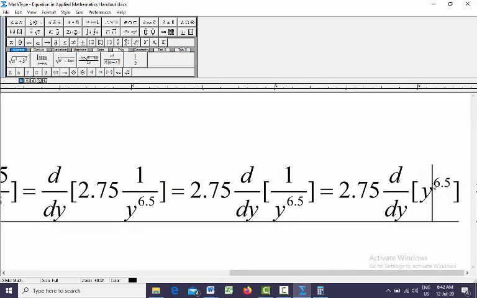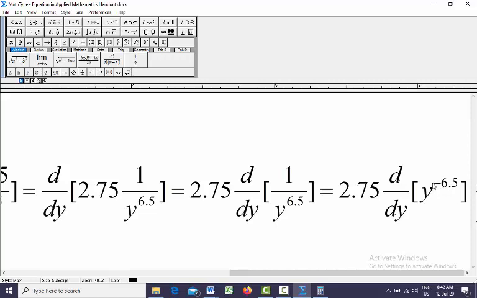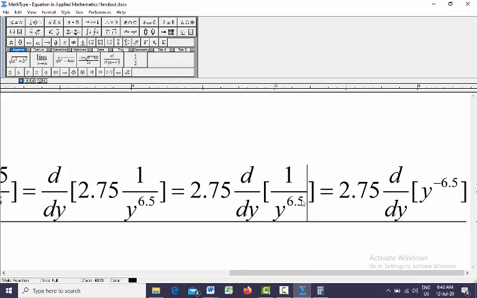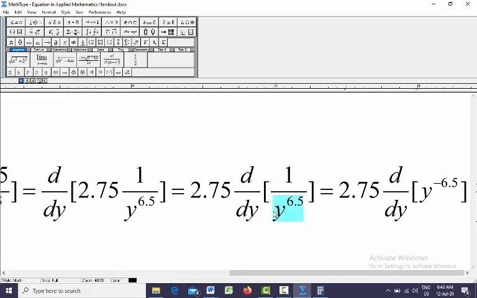You have to put a negative sign in the power.